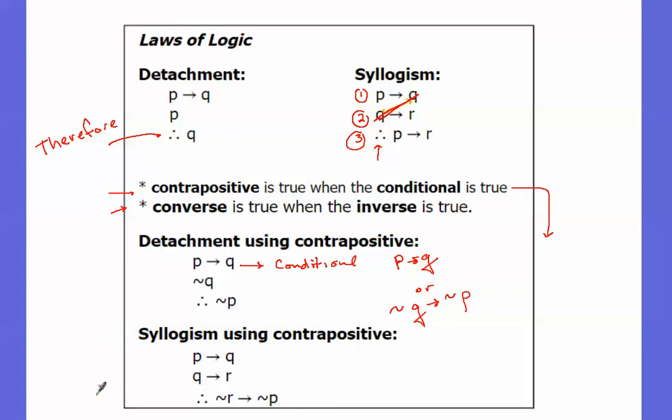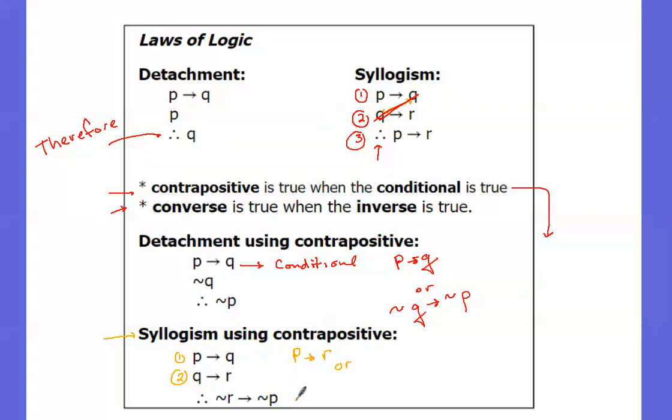This is an example of syllogism using the contrapositive. All right, so again, you have if P then Q, if Q then R. Statement number 1 and statement number 2 would combine to create if P then R. We've left out the middle Q. That's the conditional.